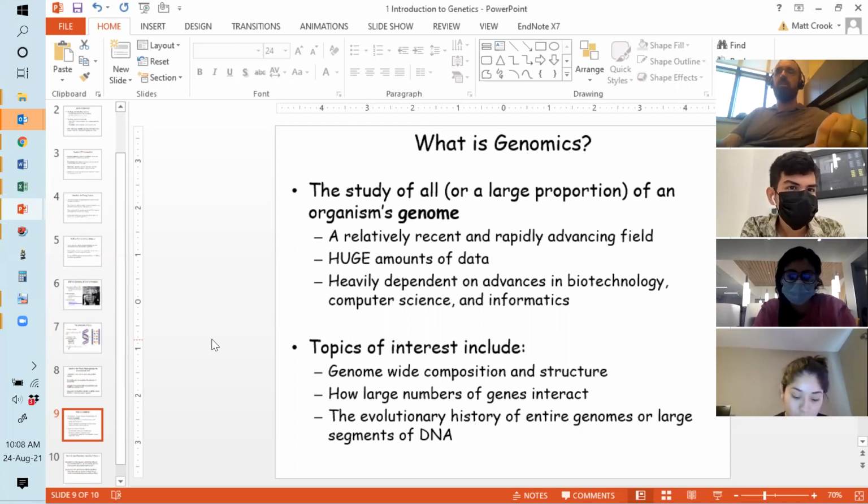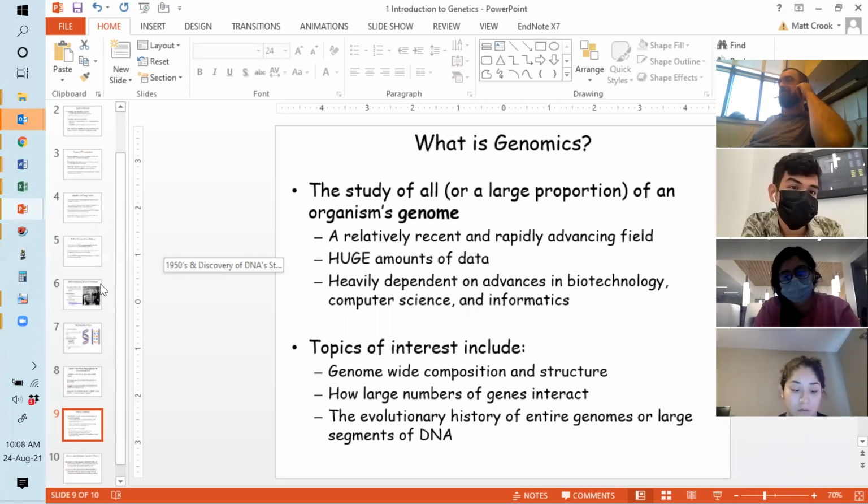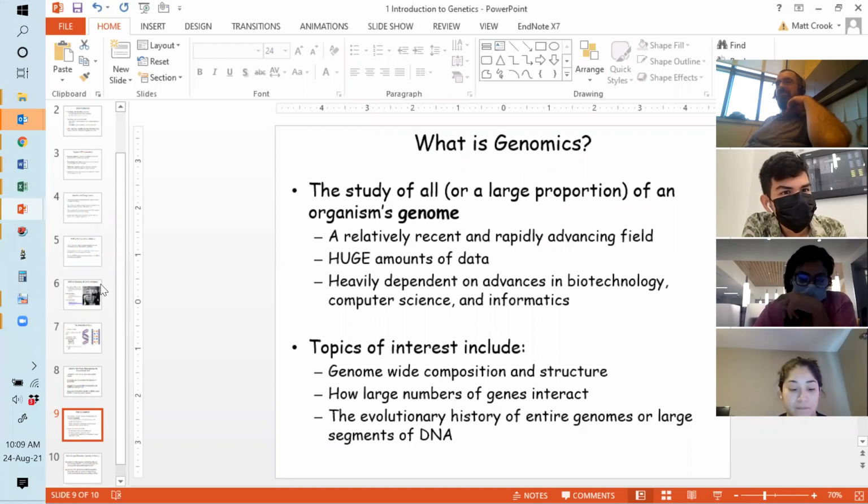Oh, and one cool fun fact. So how many genomes do you have? It's a little bit of a tricky question. How many genomes do you have as an individual? You're probably thinking, what's the trickiness there?